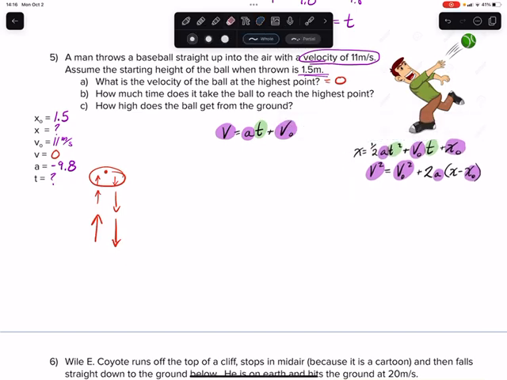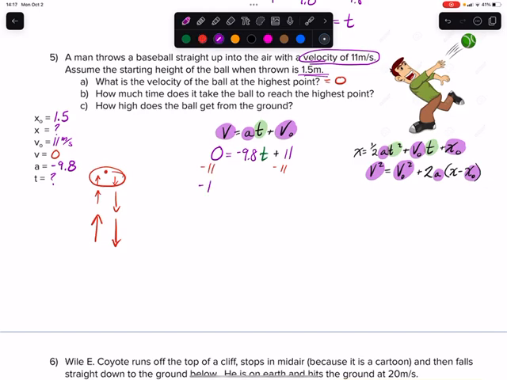And then all we need to do is substitute in the numbers that we have. So the velocity at the top is 0. It's not moving. My acceleration is negative 9.8. Time is what I'm looking for, so I'll just leave it as t. And my starting velocity is 11. To move that 11 to the other side, I'm going to subtract it from both sides.